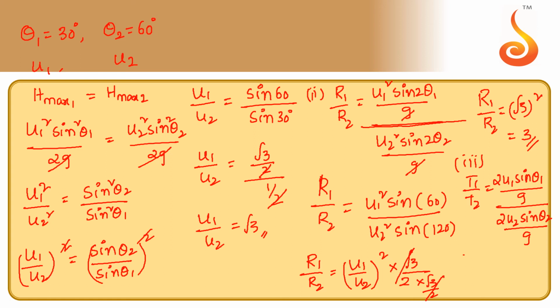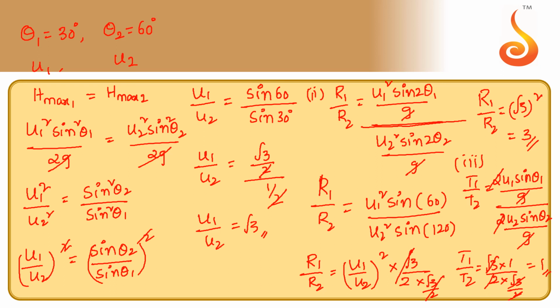Therefore t1 by t2, 2 gets cancelled, g gets cancelled, u1 by u2 can be written as root 3, sine theta 1 by sine theta 2, where sine theta 1 is sine 30, which is 1 by 2, and sine theta 2 is sine 60, which is root 3 by 2. 2 gets cancelled, root 3 gets cancelled, which is 1.